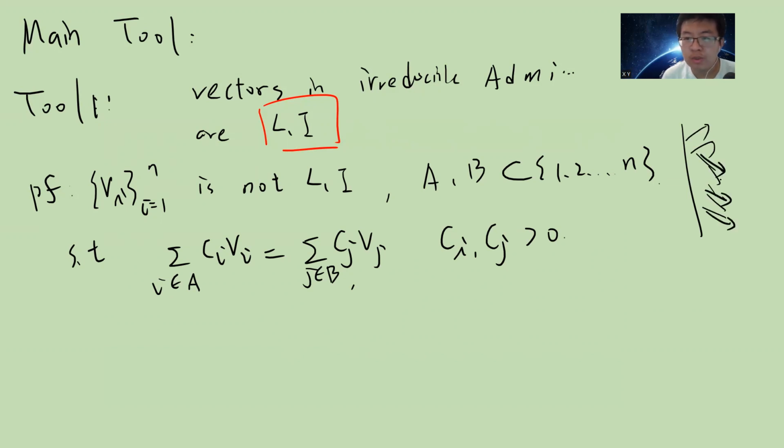If you can find some subsets that sum to 0, there must be one part that is positive and another part that is also positive, and take their positives.